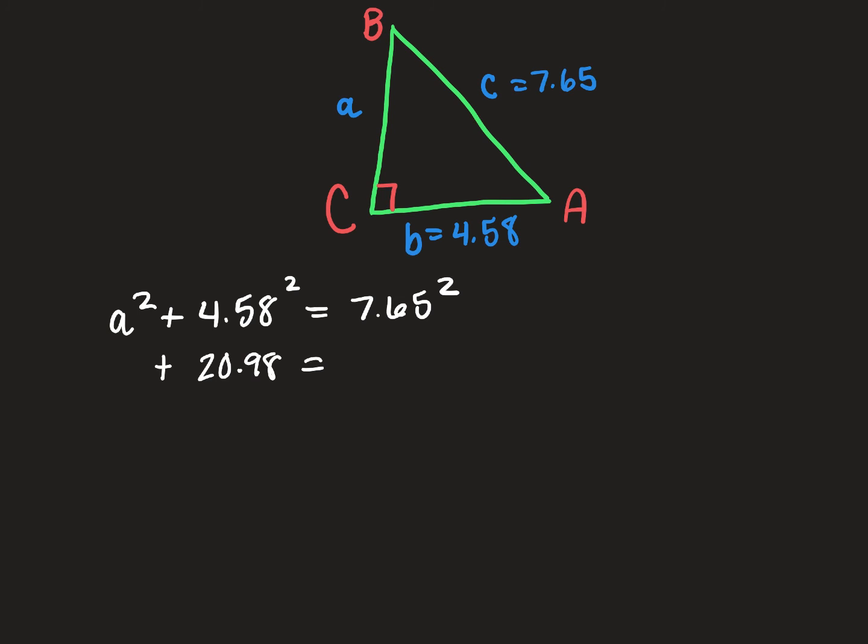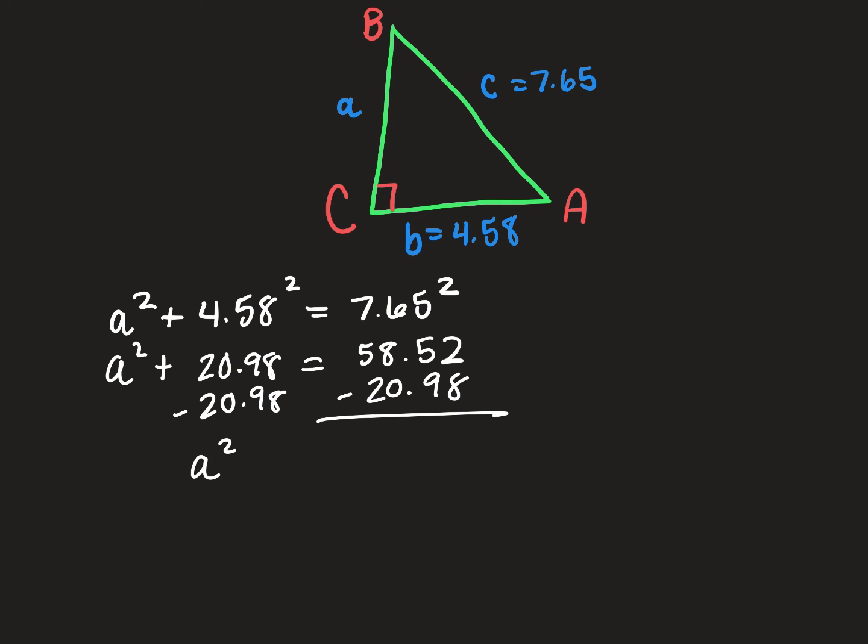And what about the other one? So now we're going to subtract. So that gives us what? 37.54. All right, and then take the square root of that to get what?